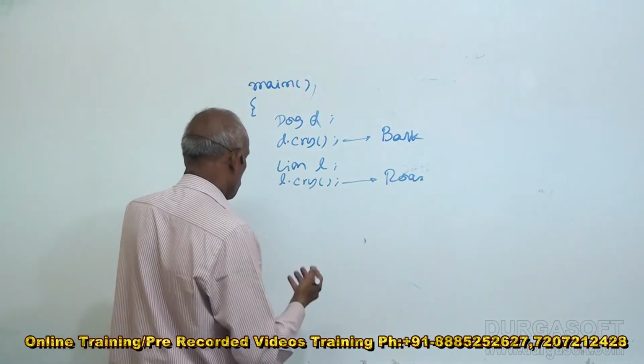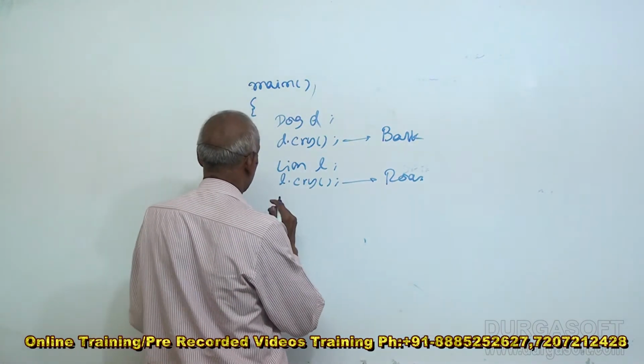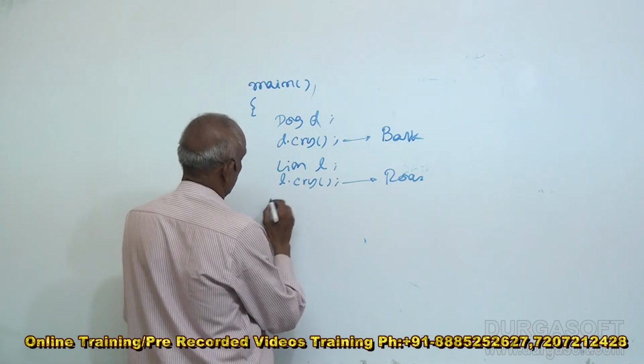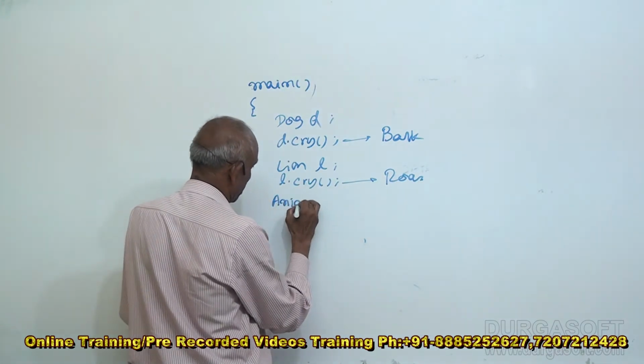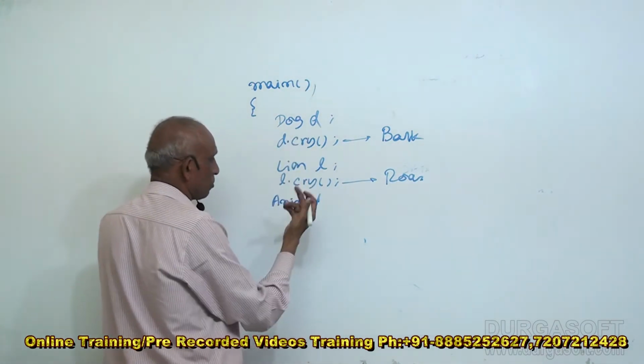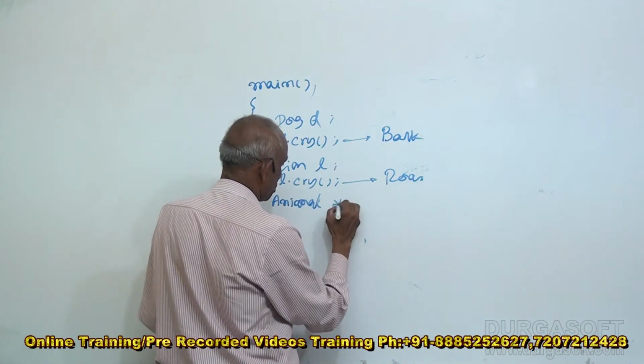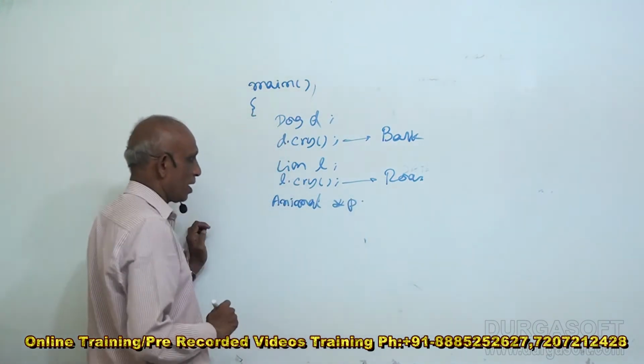Now let us do polymorphism. That is, I will create a pointer of the Animal class now. The parent of both of these two is Animal. So Animal star P. I created an Animal pointer.